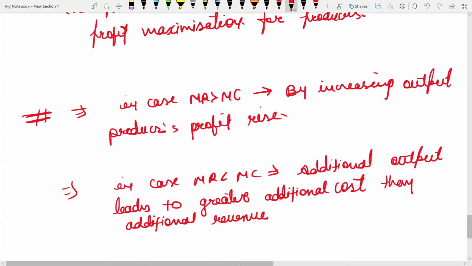So additional unit of output leads to additional cost greater than additional revenue. So by cutting output, profit would rise. So in this situation, what will we do? We will do it by cutting.